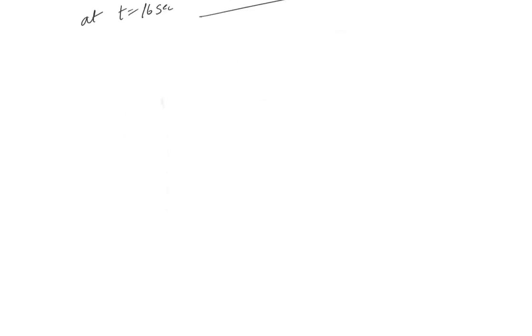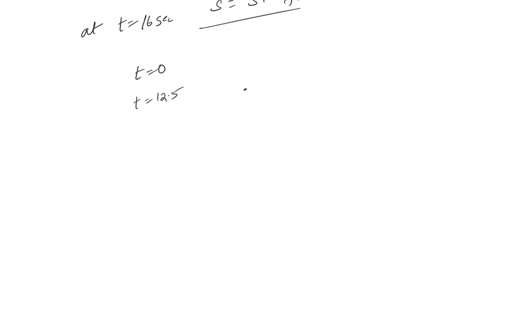Okay, so let's recap. So now we have understood the entire problem, we have solved the problem. Now let's kind of try to go back and replay it. At t is equal to 0, it starts from here. Okay, at t equal to 12.5, it reaches up to b, right?